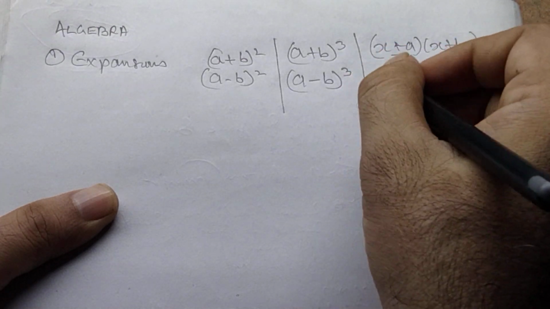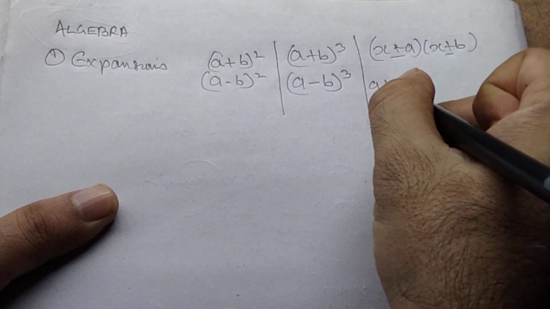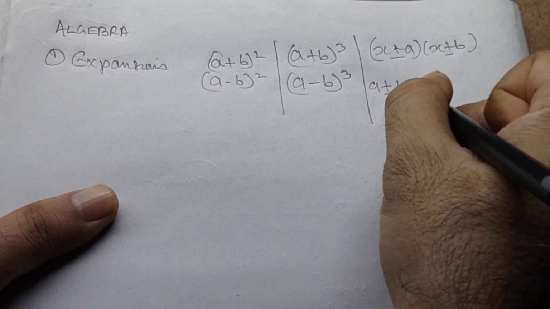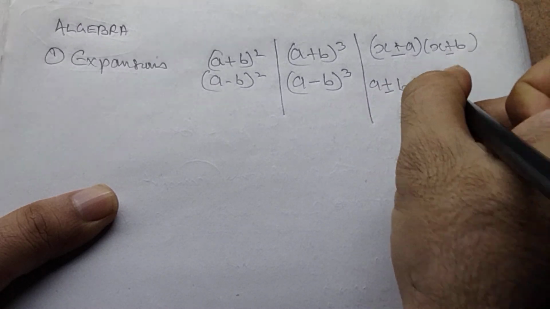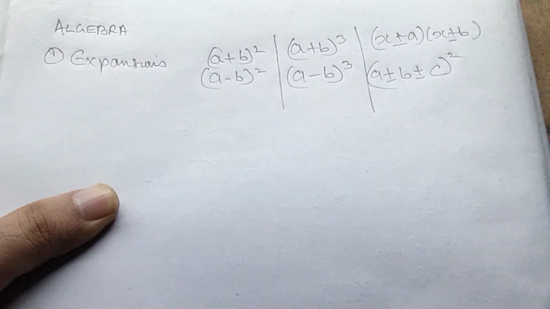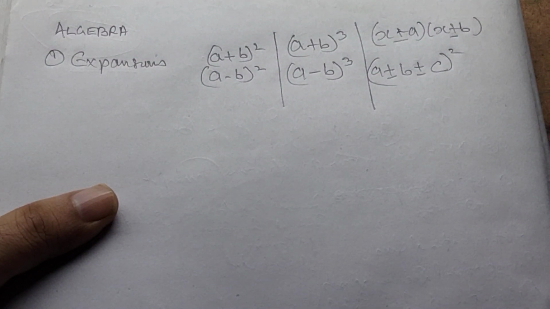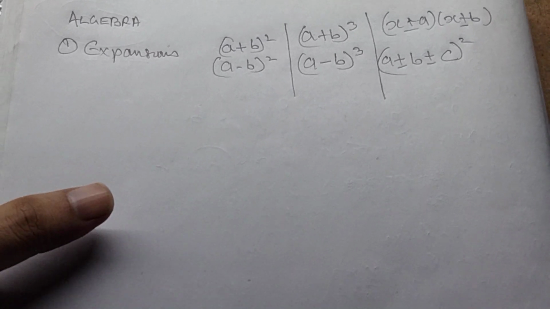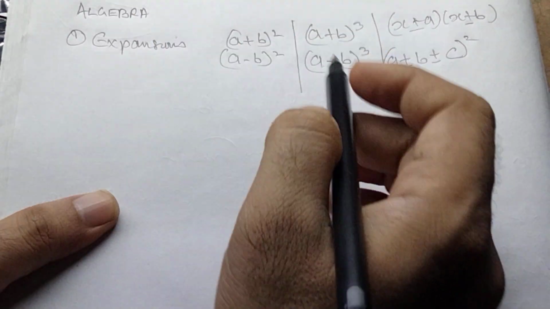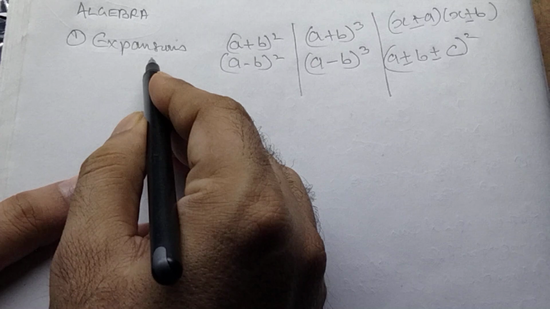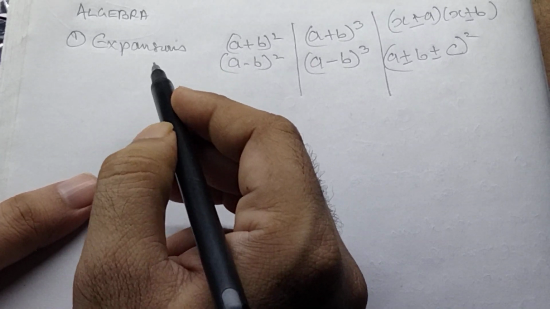The next one is a plus minus b plus minus c whole square. This is also one expression which you have to know the expansion of. So first thing is expansions. This is as per ICSE syllabus.